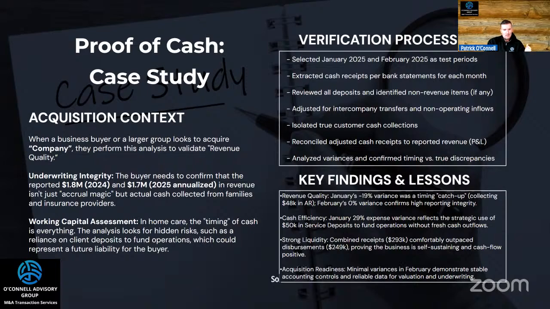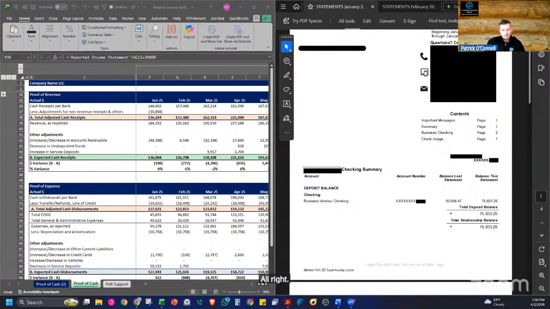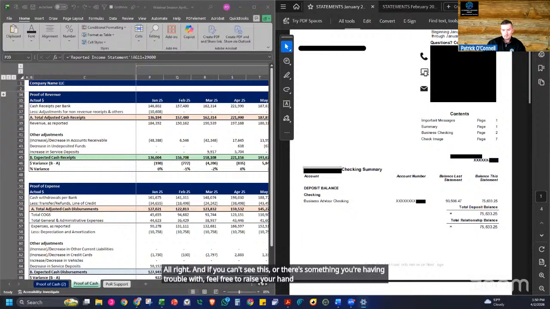Let me go ahead and share my screen. And if you can't see this or there's something you're having trouble with, feel free to raise your hand and I'll try to zoom in.